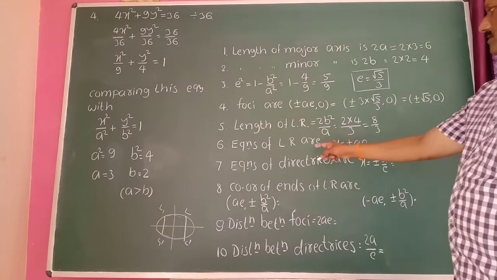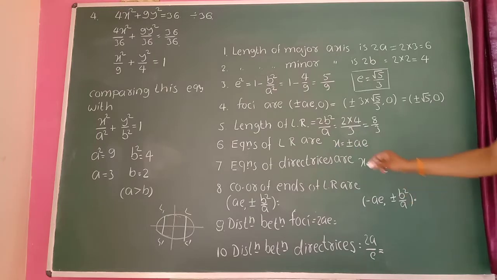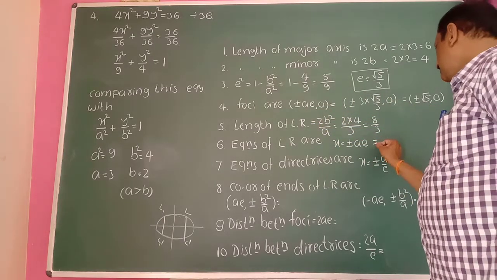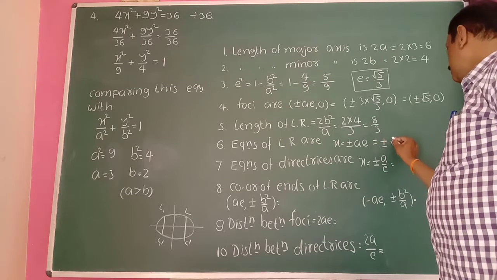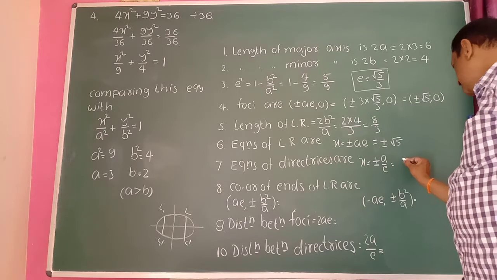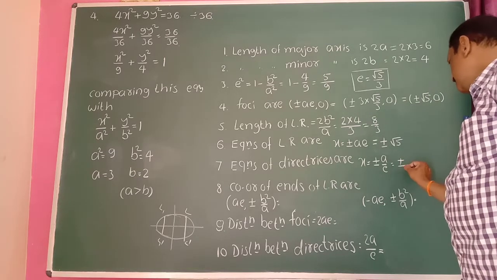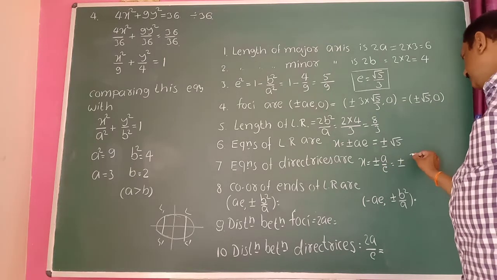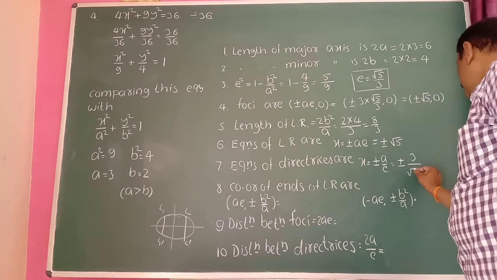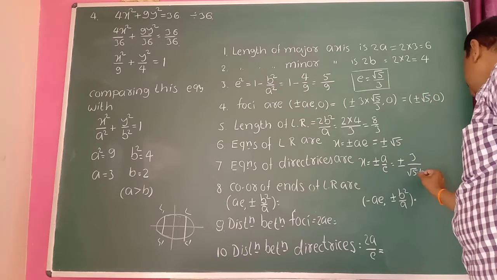Then the equations of the latus rectum. You know a into e is root of 5. Therefore you can write x equals plus or minus root of 5. Then the equations of the directrix are x equals plus or minus a upon e. The a value is 3 and the e value is root 5 by 3.